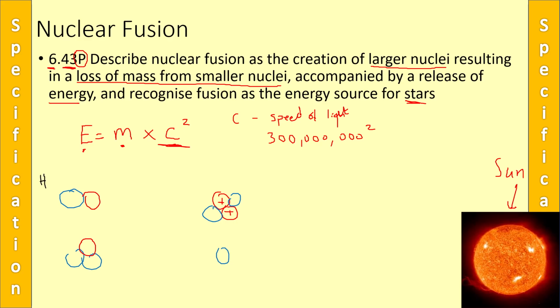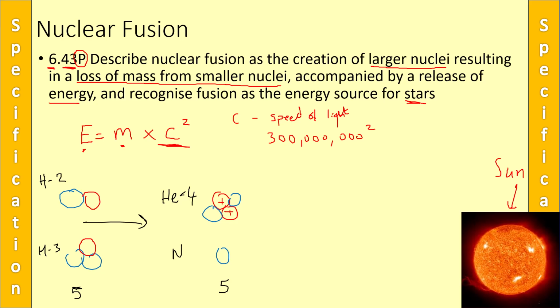So this is what we started with, and this is what we're ending with, helium 4 and a neutron. So what you might think is, well, there's no mass lost. I've got 2 plus 3 over here, so I've got a mass, 5 atomic mass over here, and I've got 4 plus 1 over here, so I've got 5 over here.